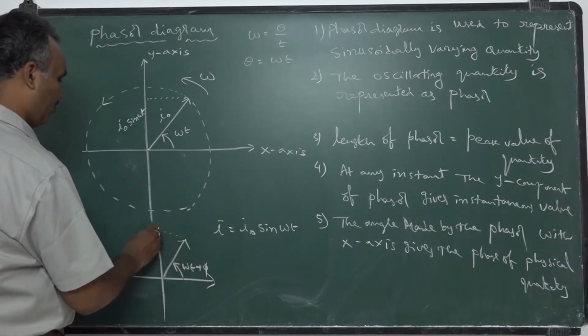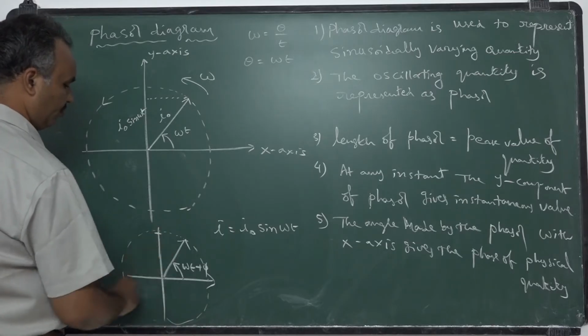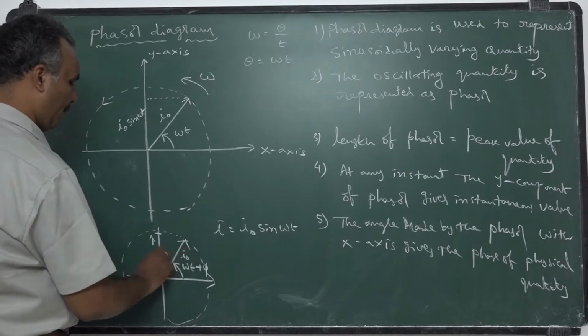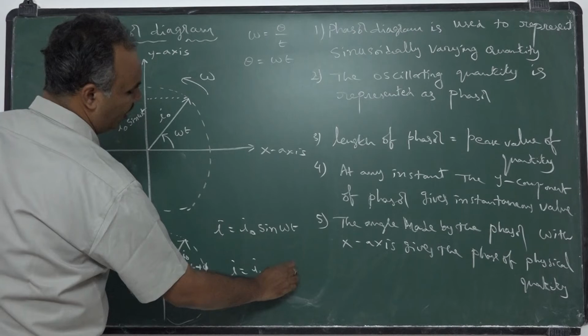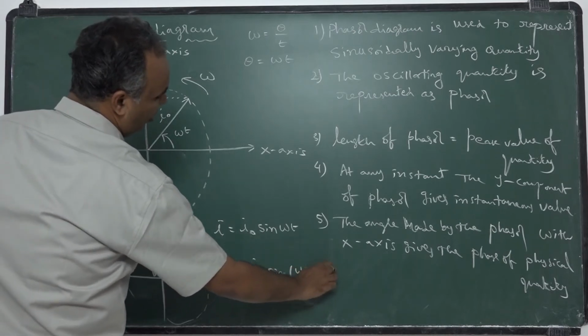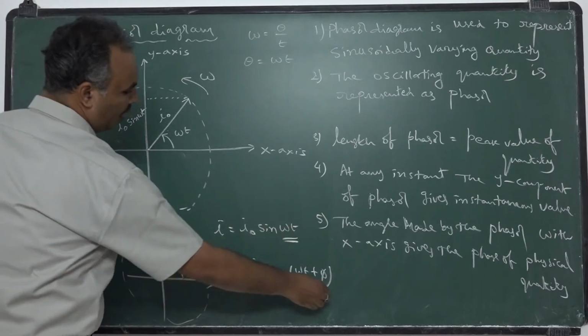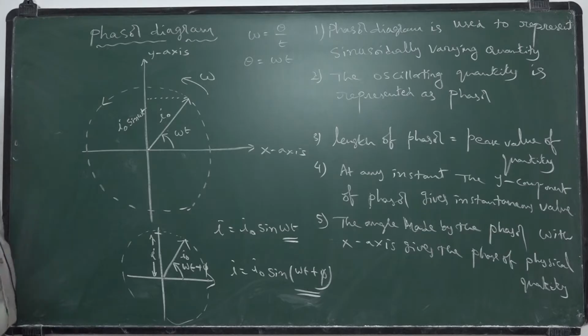By that moment, if I find the instantaneous value, where this is the peak value I naught, the instantaneous value I in this case is given by I naught sin(omega t plus phi). In the earlier case, omega t is the phase. In this case, omega t plus phi is the phase. So the phase gives the direction of the physical quantity at a particular instant of time.